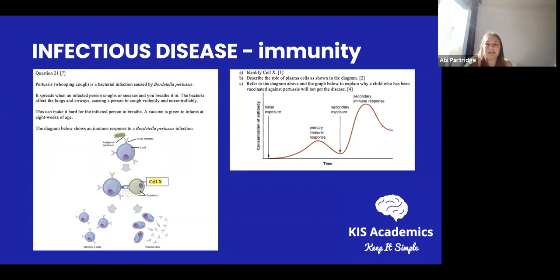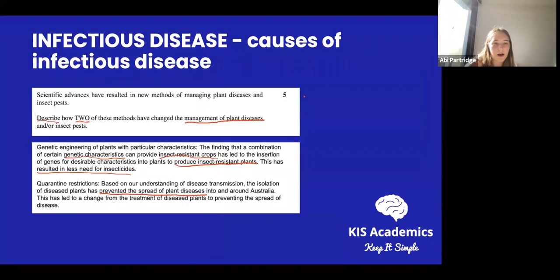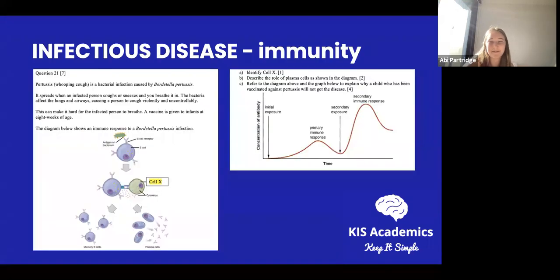Yes, so pesticides and insecticides, that goes into the first one. It was asking for genetic technologies, which means... no, it wasn't. Wait, hold on, let me just check what the question was asking. Oh yeah, so you can talk about pesticides.